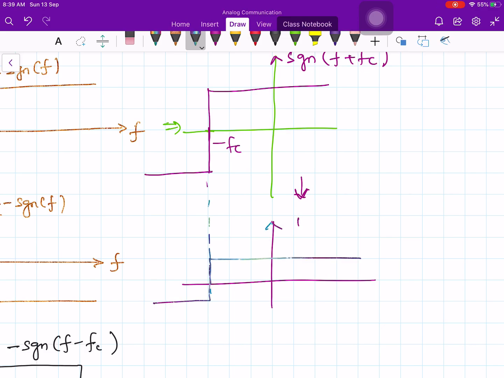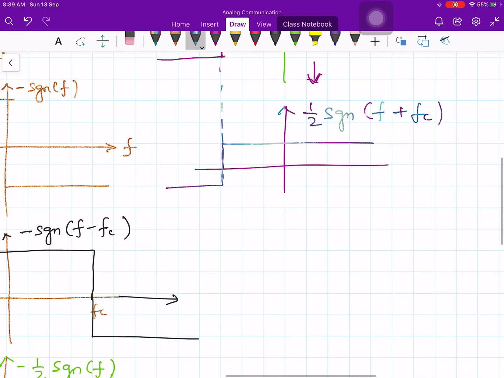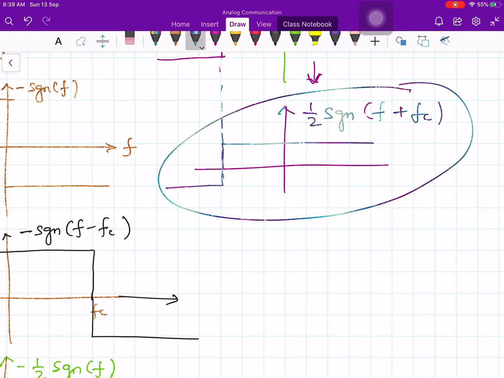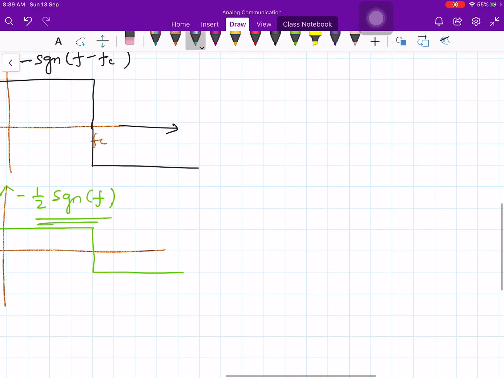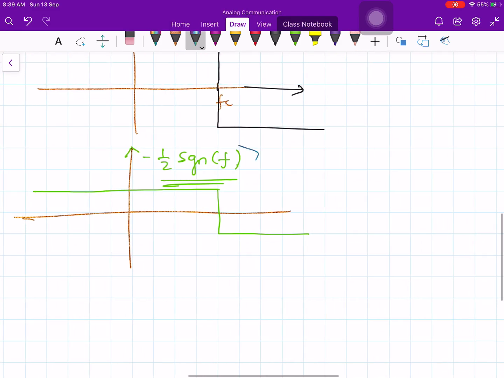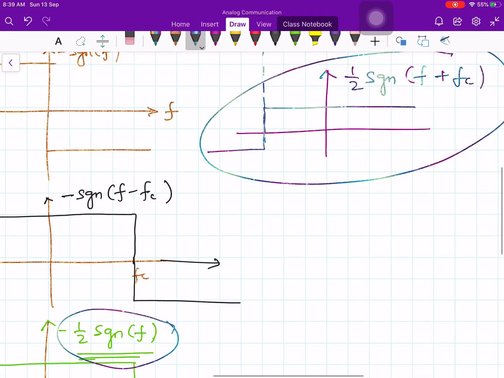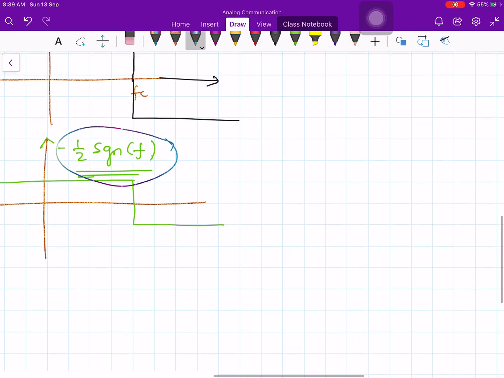So, this is half signum of f plus fc. Take this signal, half of signum of f plus fc and minus half of signum of f minus fc. Add these two. So, let me add here.